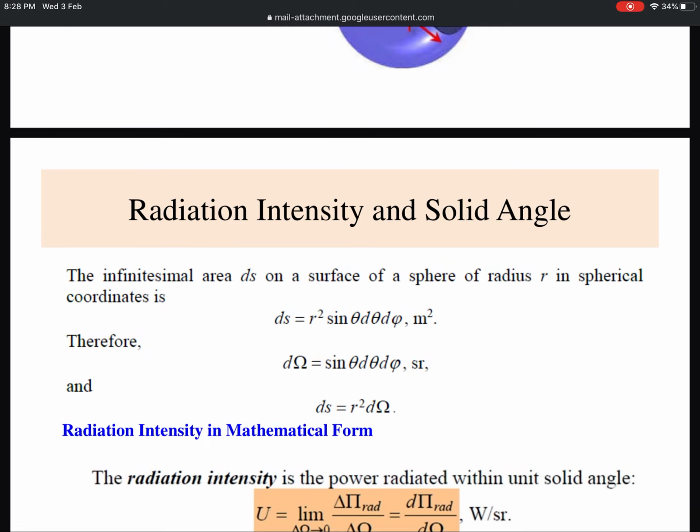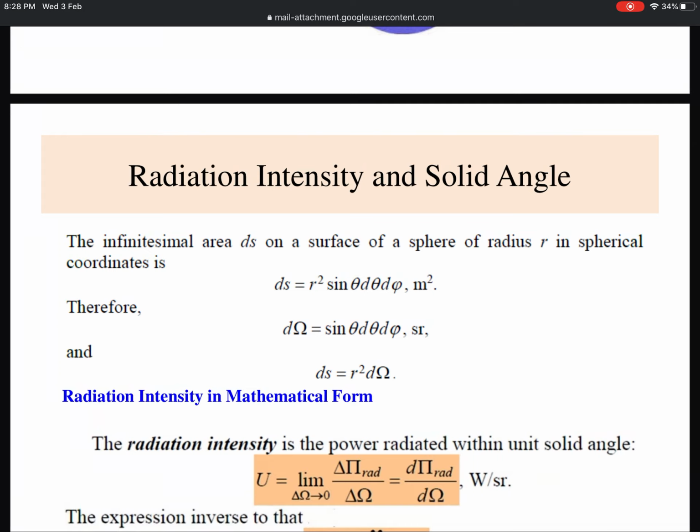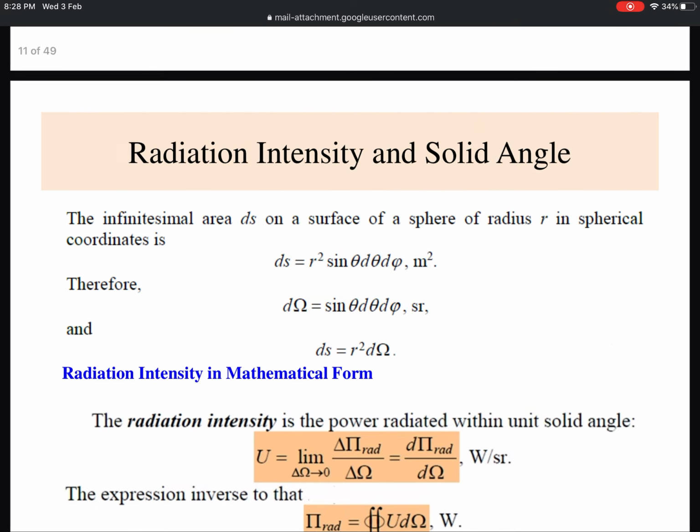That I hope we know from our basic BTech electromagnetics knowledge. Now I just defined the solid angle, dS by r square equal to dΩ. So dS equals r square dΩ. Then using this relation I can write dΩ equal to sin theta d theta d phi.